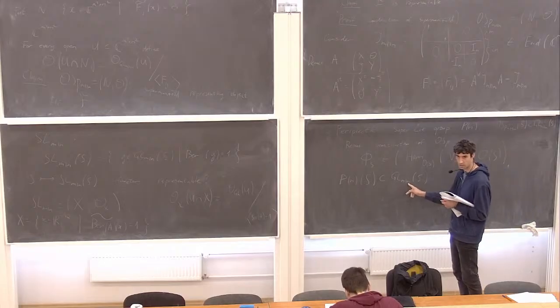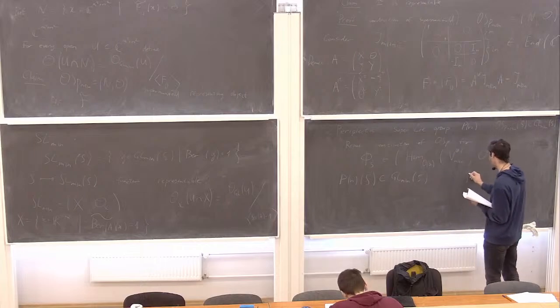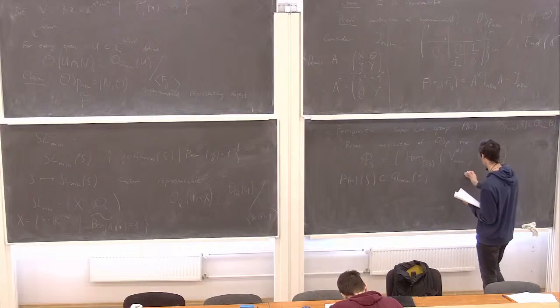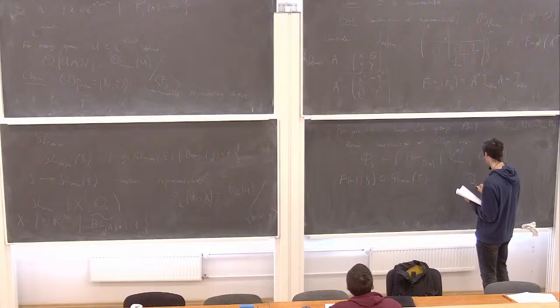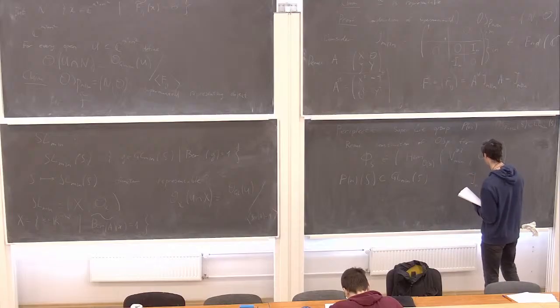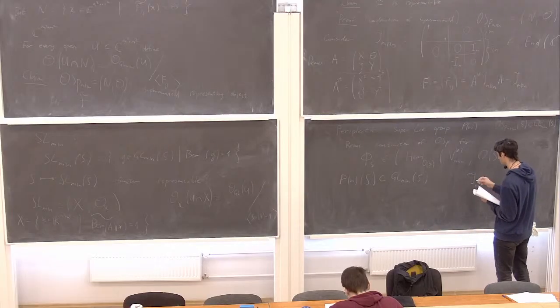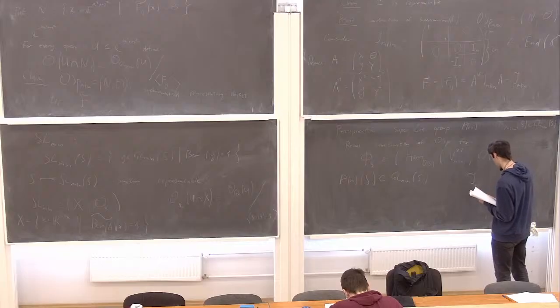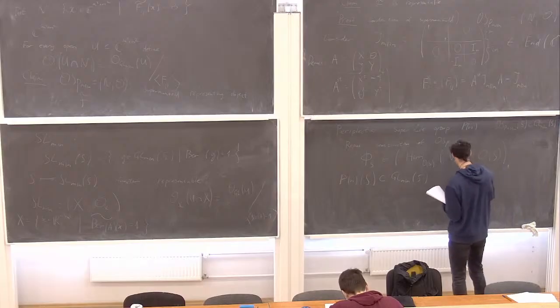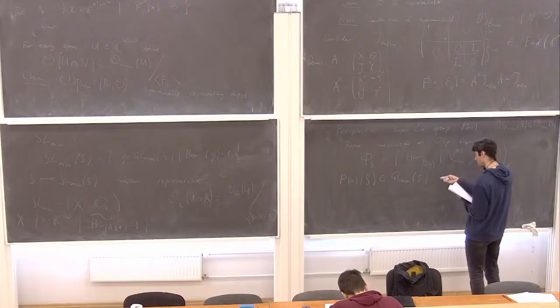So this forces M equal to N, because the corresponding J in this case, let's call it the corresponding matrix of a form.